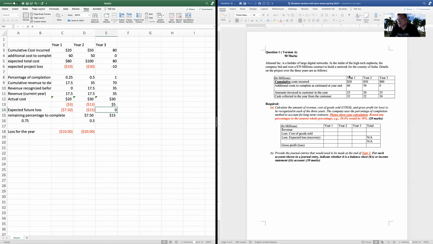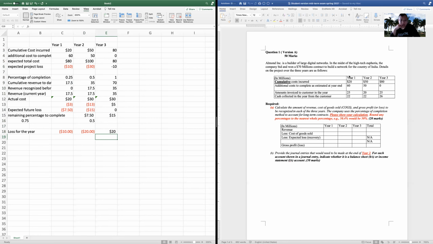So if there's no future, then the future expected loss will be 0. But you have to reverse the number from the previous year, right? Reverse the previous year's number. So this tells me I'm going to do it. What is that? So that's going to be E13 plus E14 plus E15. So I have a $20 million profit.